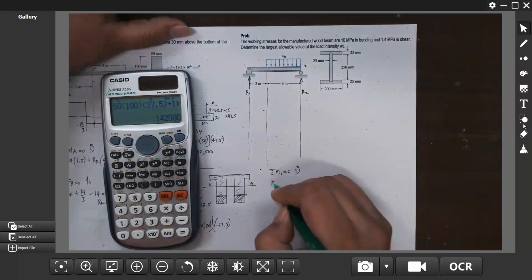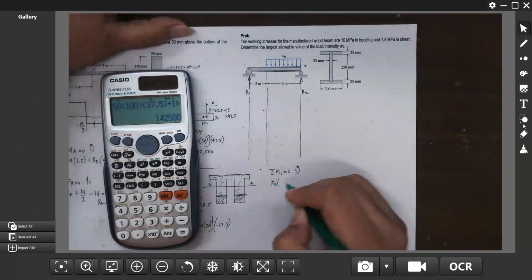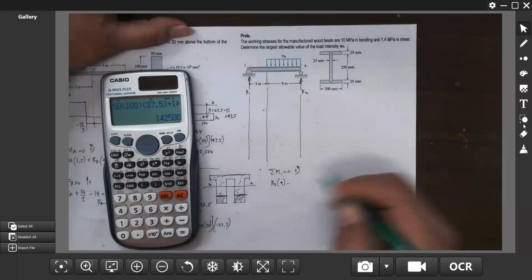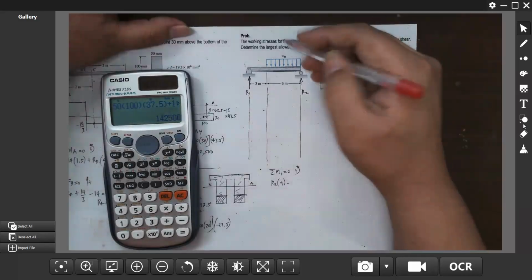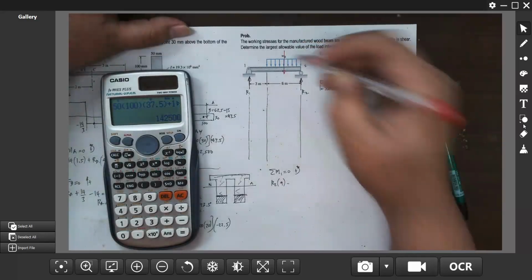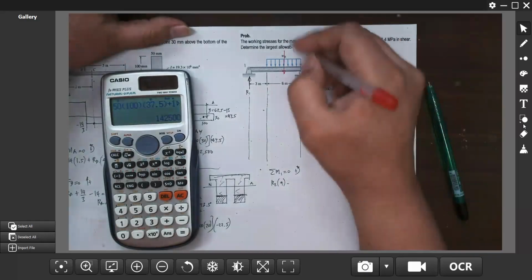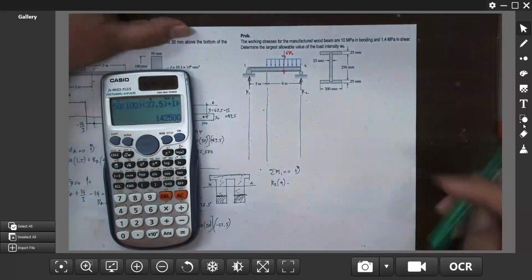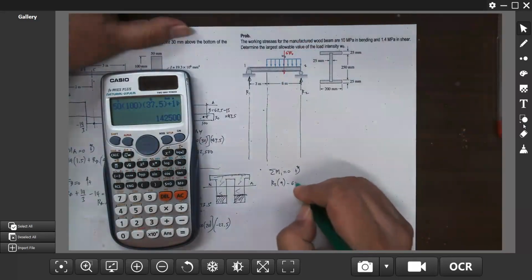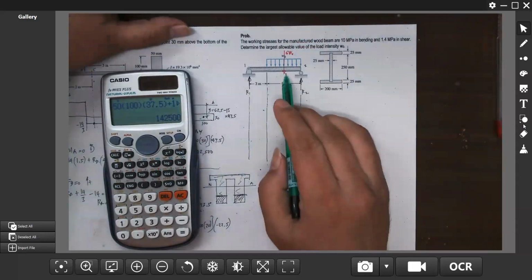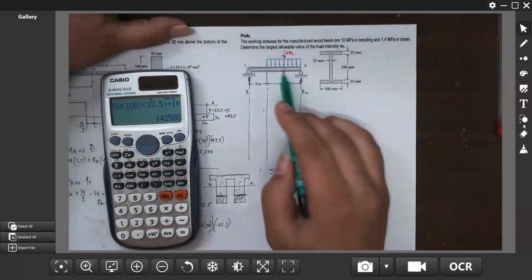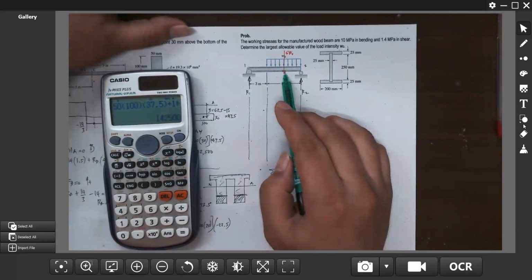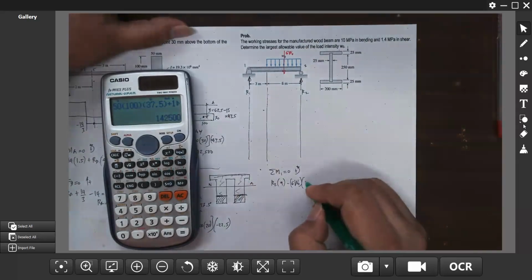That's R2 times 9 minus the resultant, 6 W sub O, times its distance of 1/2 of 6 plus 3.